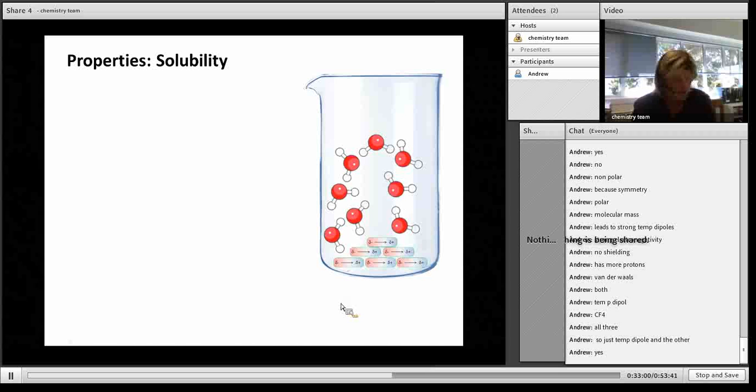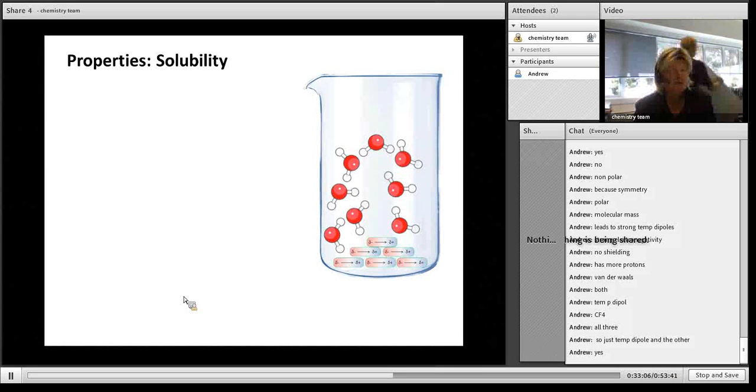Right, so solubility. Solubility uses the same sort of thing because we're looking at the intermolecular forces of attraction. So what I've tried to show here are some water molecules, and I've got a polar molecule in here. So it can form temporary and permanent force of attraction. Water, of course, can form those two plus hydrogen bonding.